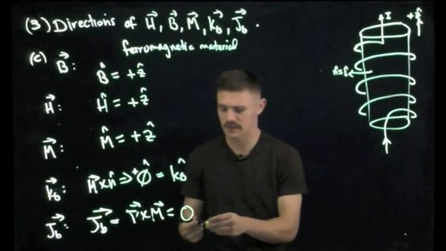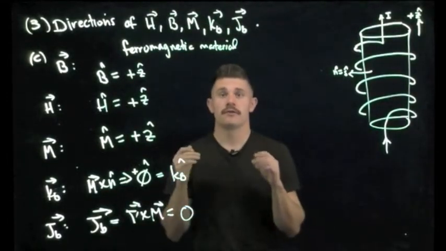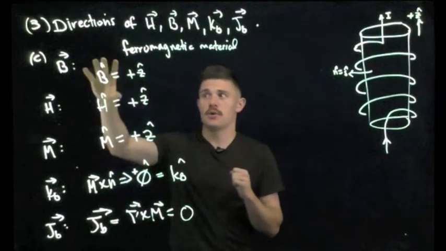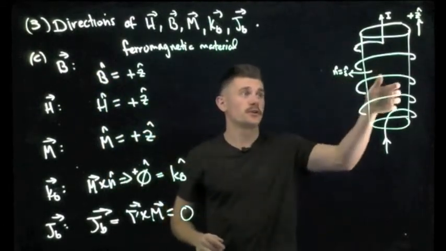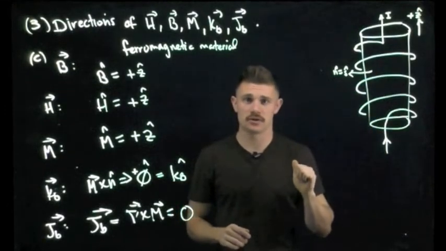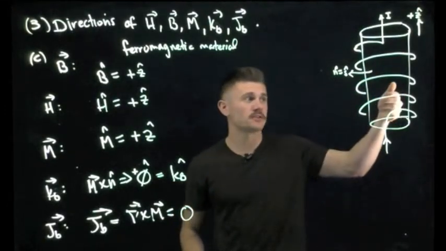Again, just to summarize and wrap up question 3, for the ferromagnetic material, we always have that the magnetic field B and H, due to the right-hand rule of the free current, will be pointing in the positive z hat direction as we wrap our fingers with the current.